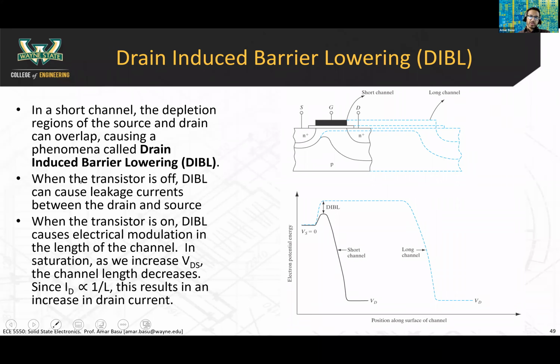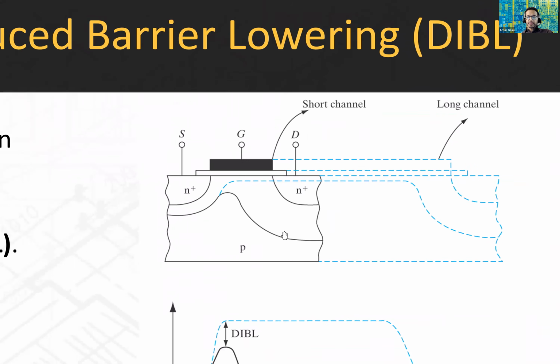So let's just try to build this up step by step. The first point I want to make here, if we look at this diagram, look at the dotted blue lines. The dotted blue lines are showing the depletion region. So imagine this is the source.